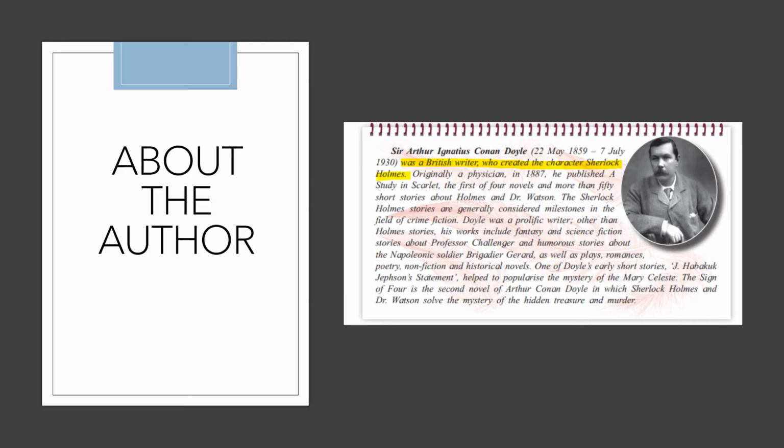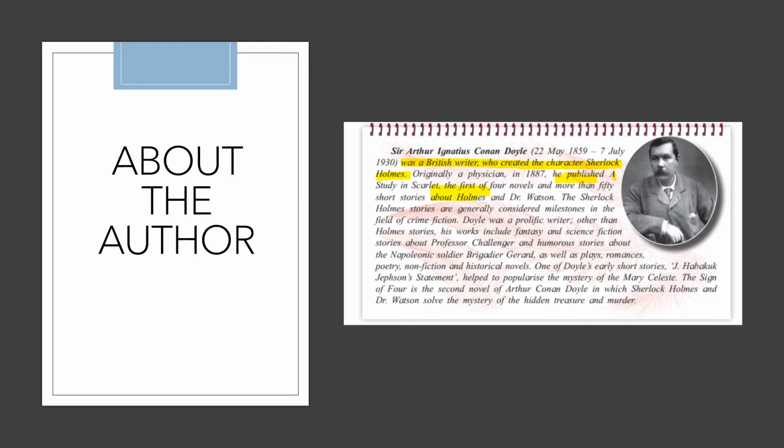The Sign of Four is written by Sir Arthur Ignatius Conan Doyle, who lived from 22 May 1859 until 7th July 1930. He was a British writer who created the famous character Sherlock Holmes.